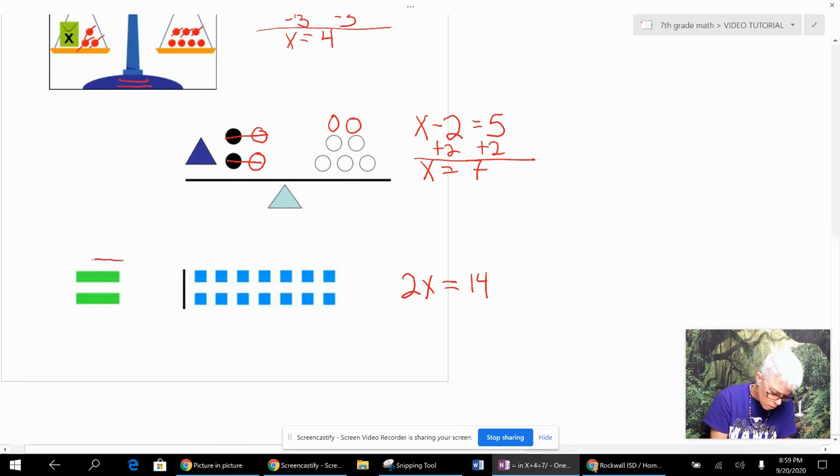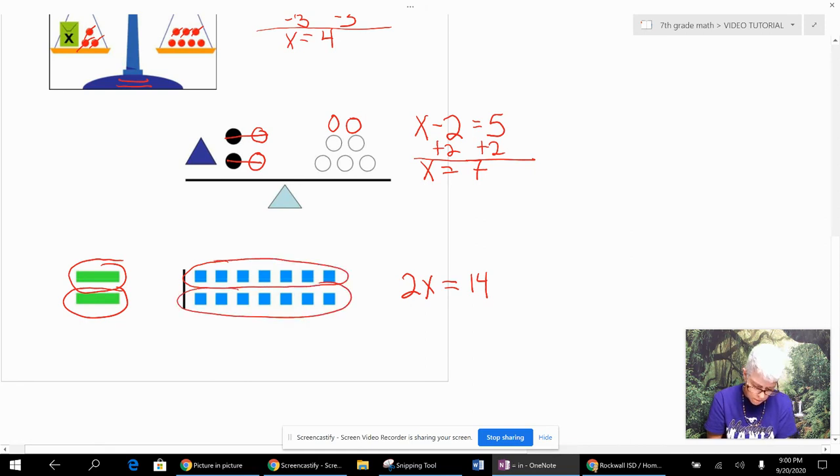And so there's one group of 1, and there's another group of 1. So I created 2 groups to get x to be 1. So I'm going to do that on the other side. I'm going to create 2 equal groups. So here's one group. Here's another group.